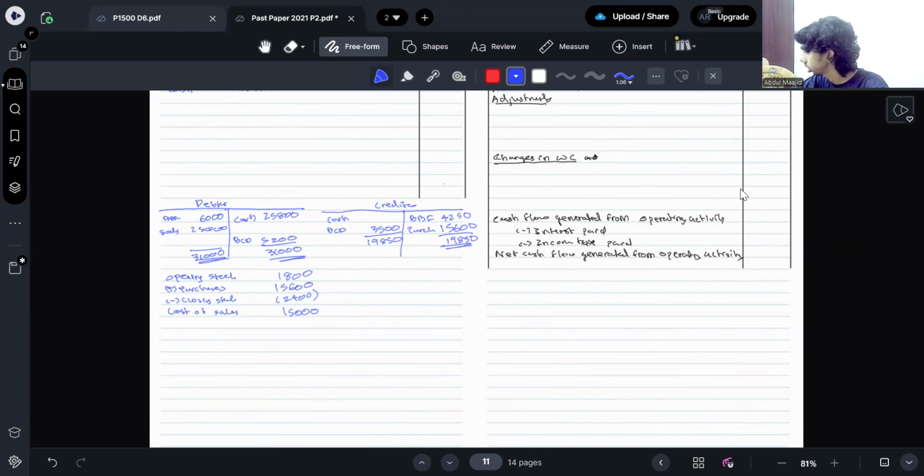Opening balances, 1,800 and 2,400, cost of sale 15,000. 15,000 plus 2,400 minus 1,800 is 15,600.